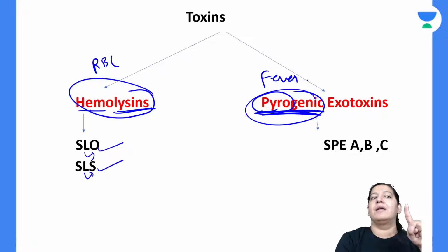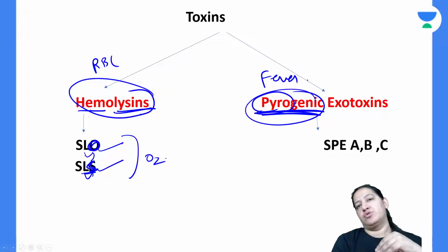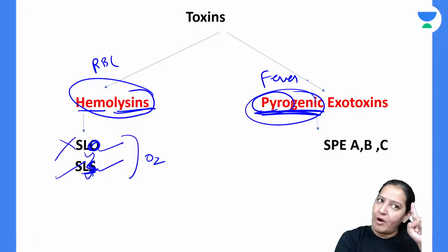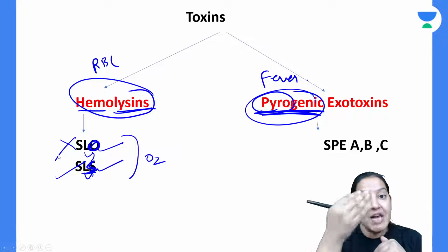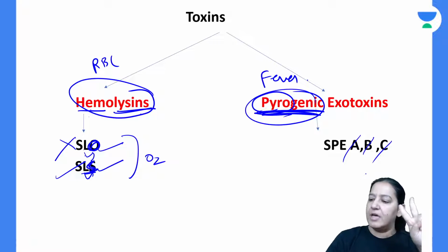S in SLS is for stable, and O in SLO means oxygen labile. This one is stable in presence of oxygen, this one is destroyed in presence of oxygen. So there are 2 types of hemolysins. And pyrogenic toxins are of 3 types, A, B, C.